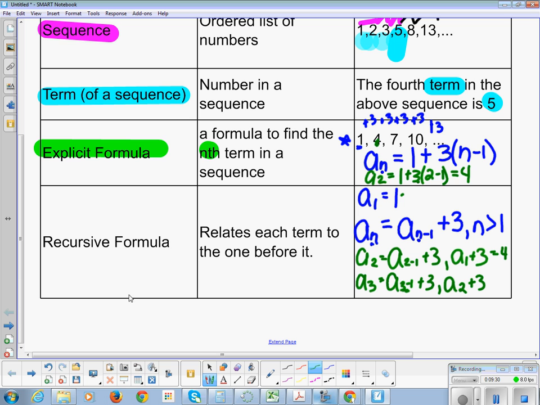So I take my second term, which I found to be 4, and I add 3 to it, which gives us 7. Then the next one, A4, is going to say take the previous term, 7, and add 3 to it to give us 10, and then add 3 to it to give us 13. So it is a way to circulate back to the one before, so we can add 3 each time.